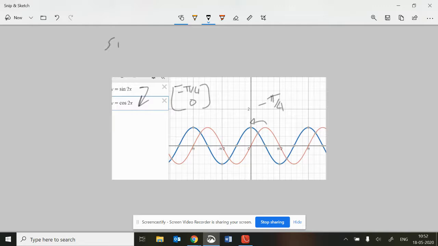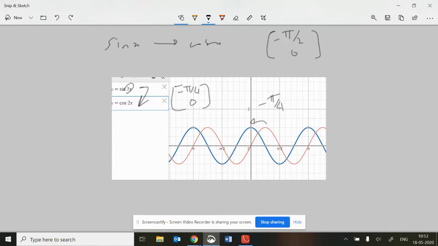Okay, well, remember with sine of x to cosine of x, the transformation that was required was minus pi over 2 and 0. So by adding in this 2, we've now had to divide this thing by 2. Divide the k, if you like, by 2.